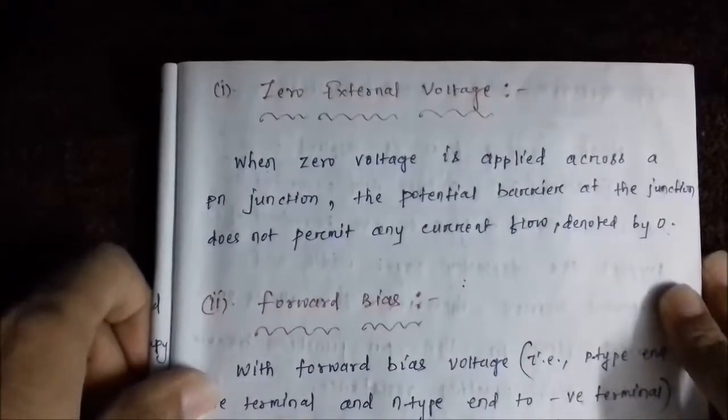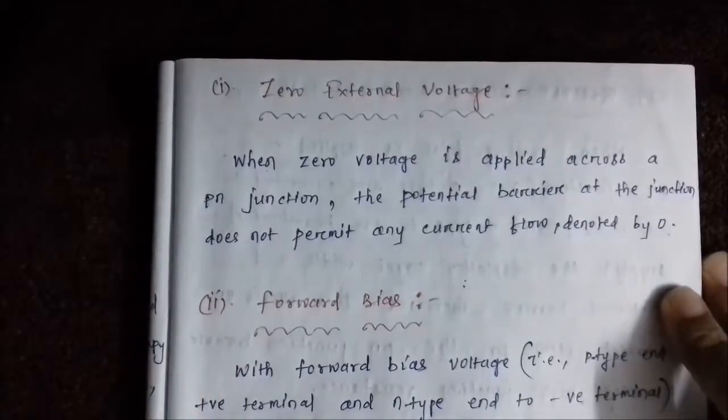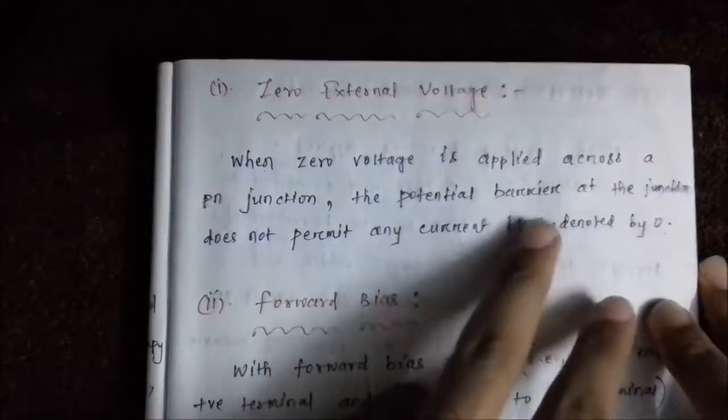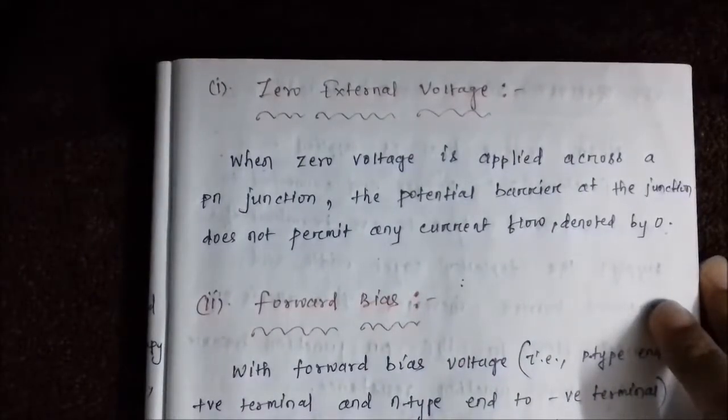First is the zero external voltage. Now when zero voltage is applied to a PN junction, the potential barrier or the depletion layer which exists in the middle of the junction does not permit any current to flow. So there is zero current flow when the net voltage applied to a PN junction is zero.